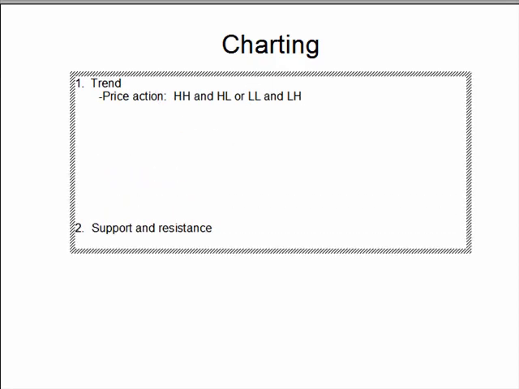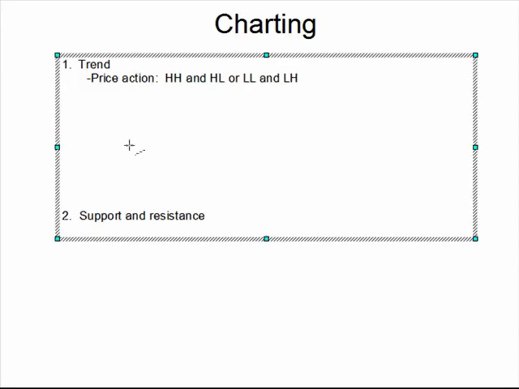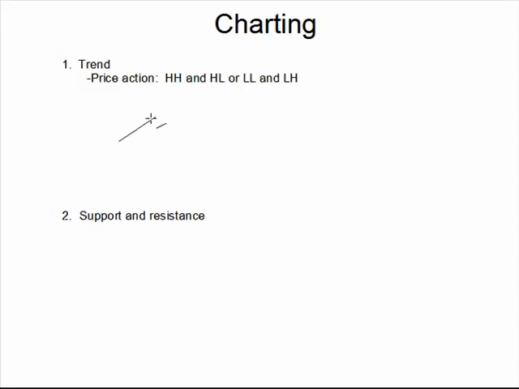And so when we look at this, we're really looking for the price to be making that pattern of higher highs and higher lows as the price is moving up, or lower lows along with lower highs for a downtrend.